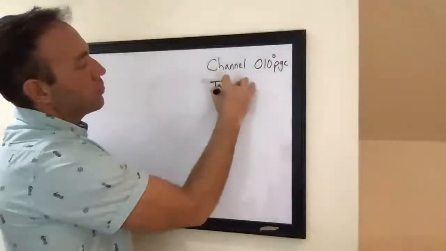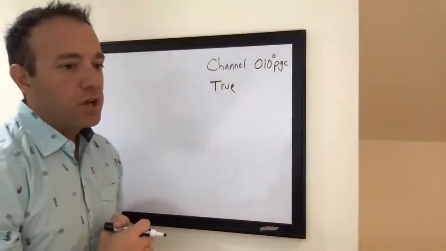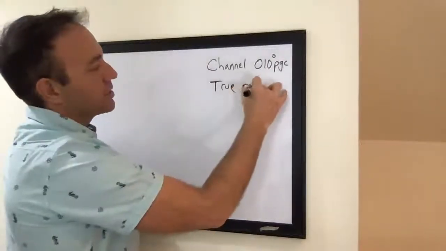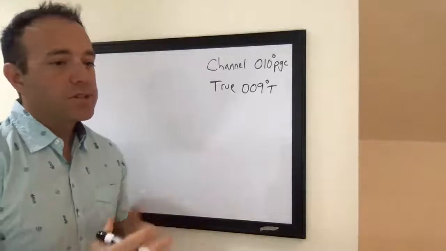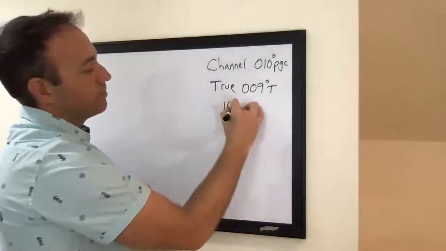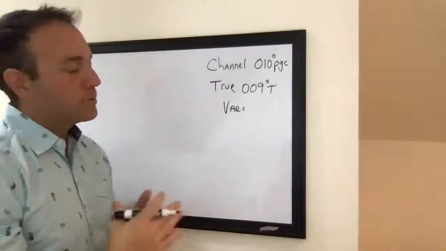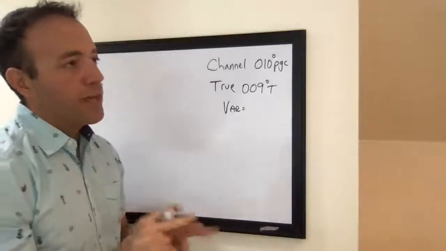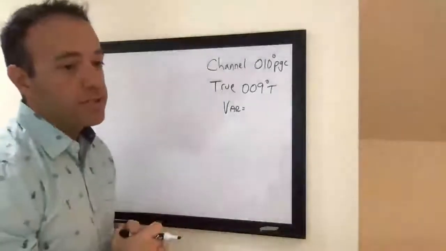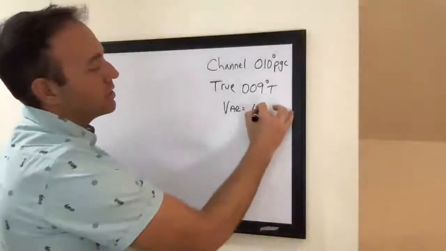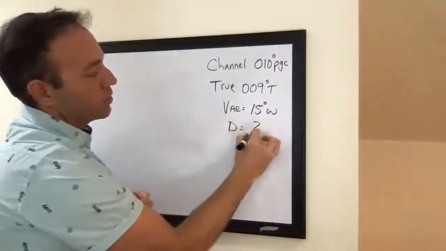The true range, when you lined up those two objects, was 009 degrees true. And then it also told us that the variation, which has to do with where you are on the Earth, the difference between magnetic and true, or the angular difference between the geographic and the magnetic meridians, more precisely, was 15 degrees west. The deviation is what we're looking for.